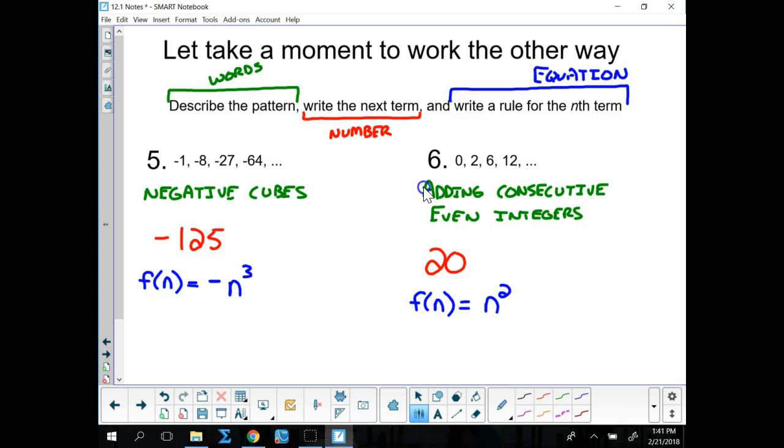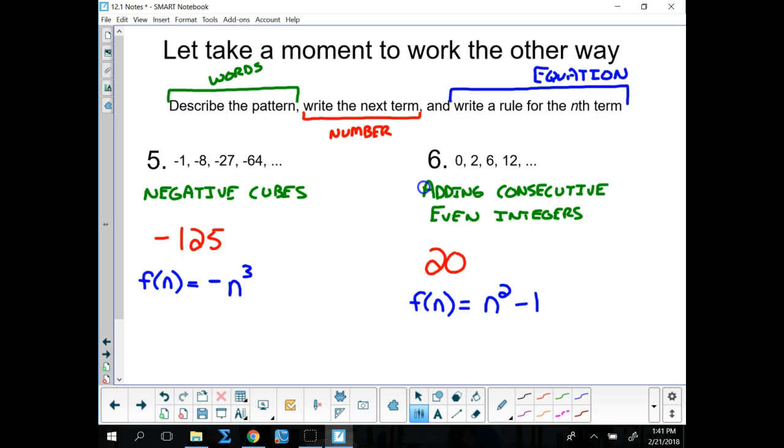So I'm going to have to subtract off something. What am I going to have to subtract off to get 0? 1. All right, so right now I'm at n squared minus 1. And that fits my first term, correct?